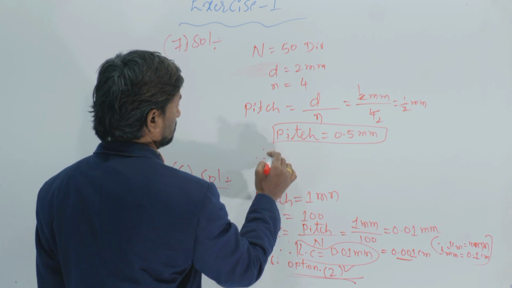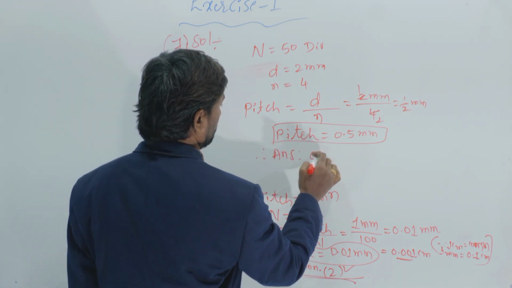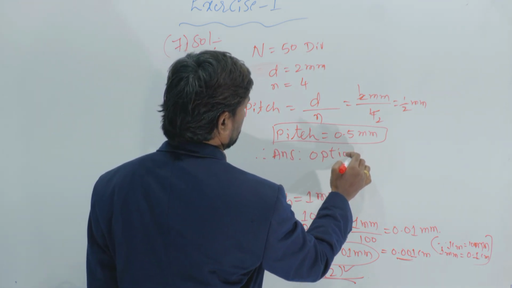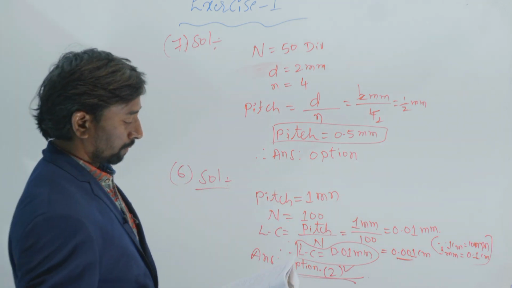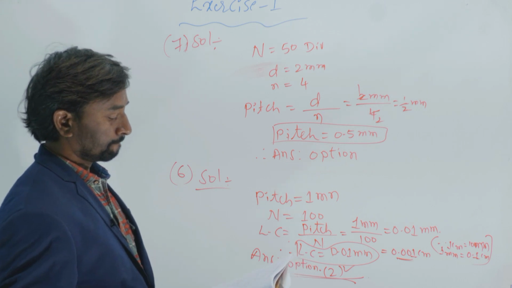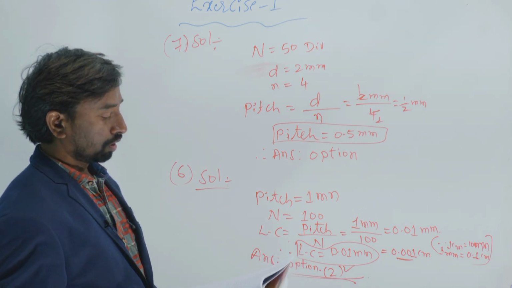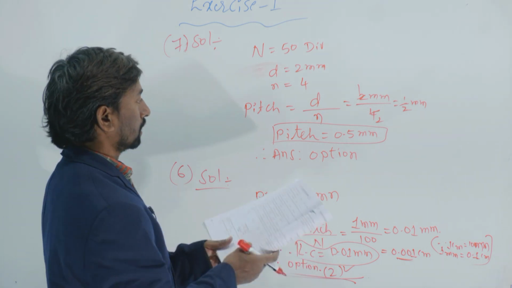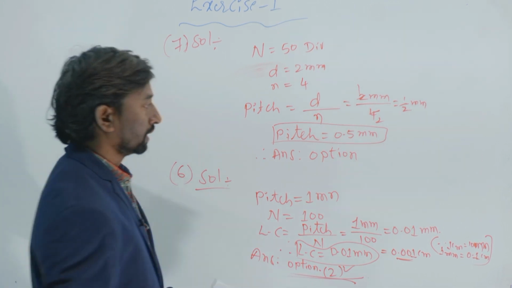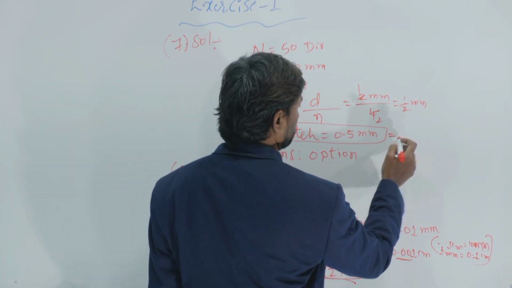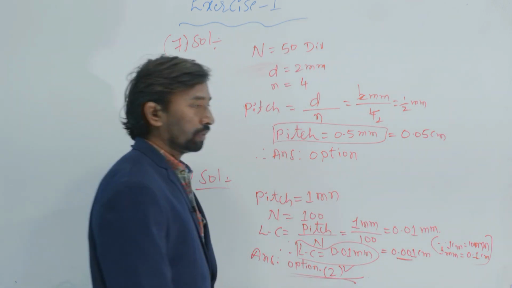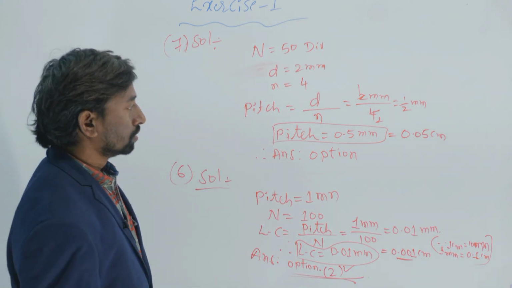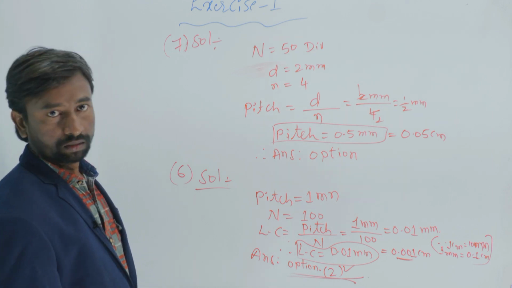So therefore the answer is option 7th one, 0.5 mm. Here all our options are in centimeters, so we will convert that into centimeters. Converting into centimeters, it will come to 0.05 centimeter, because 1 mm is equal to 0.1 centimeter.